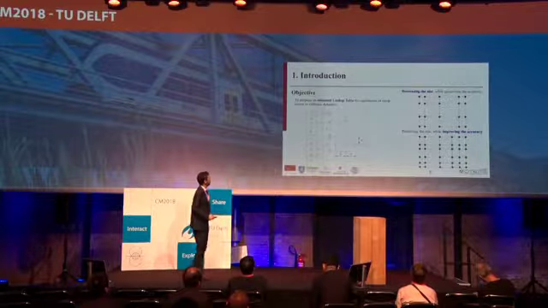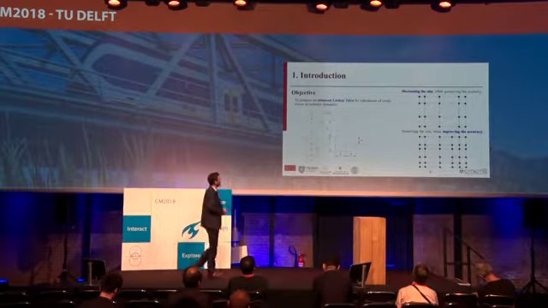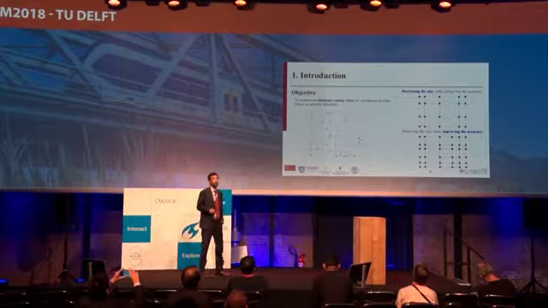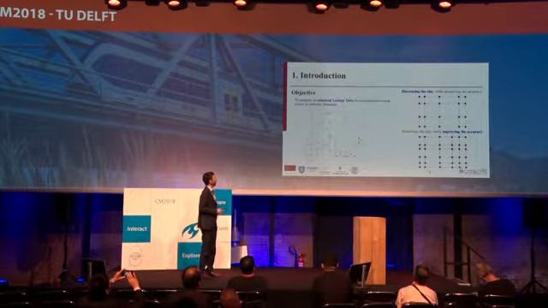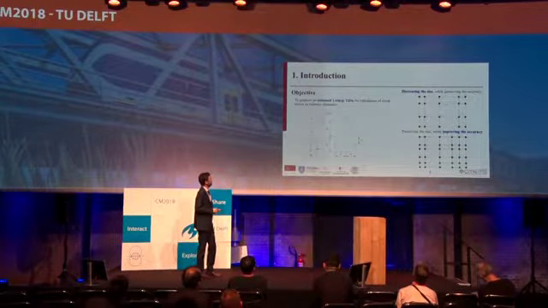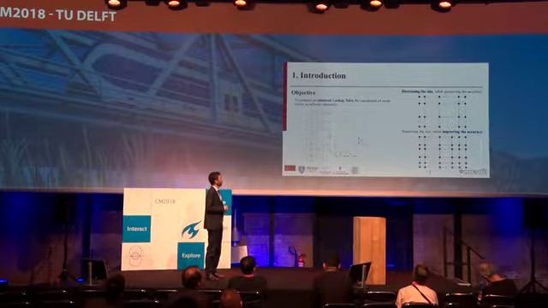So the objective of this work is to propose an enhanced lookup table with an optimized size to accuracy ratio, which could be done in two ways: either decreasing the size and preserving the accuracy, that's the focus of my presentation today, or preserving the size and improving the accuracy.